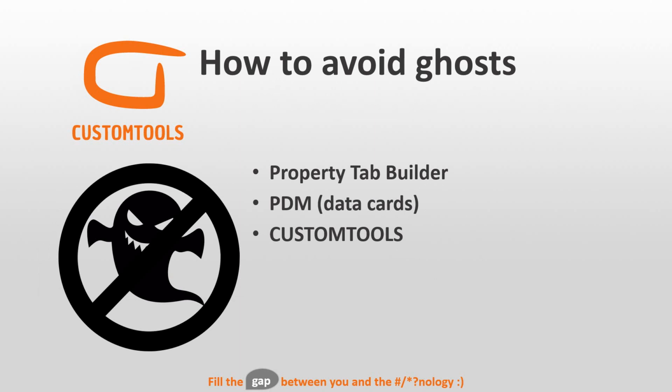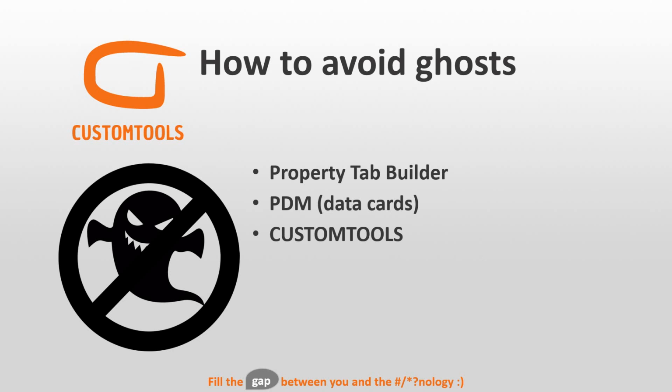Avoiding this bad data is quite simple. You build a set of rules approved by everyone, and then you apply these rules by utilizing tools made for managing the metadata. For instance, Property Tab Builder: it's free, and it comes with great limitations.